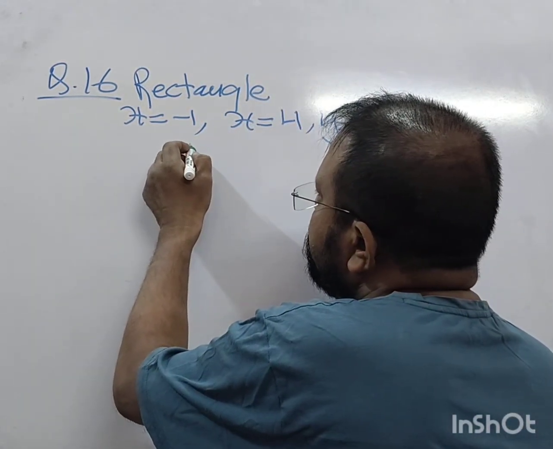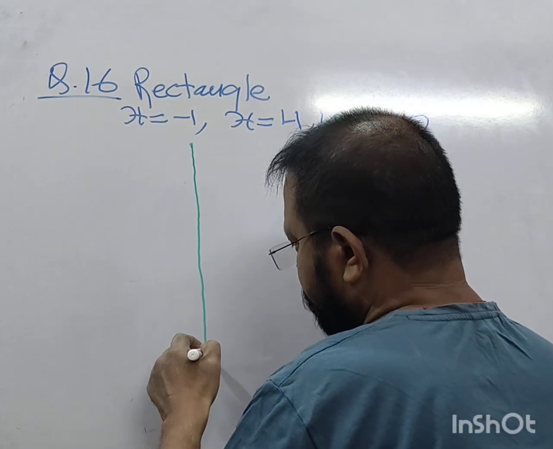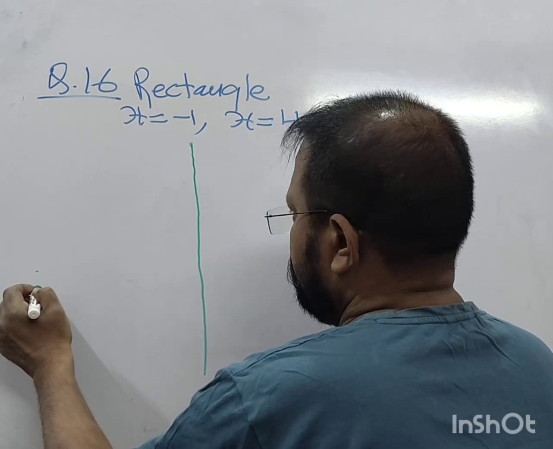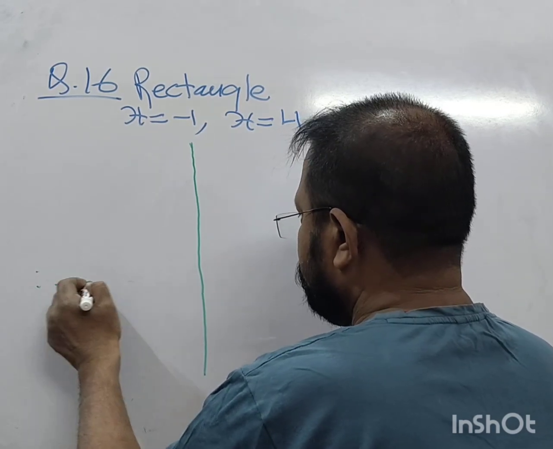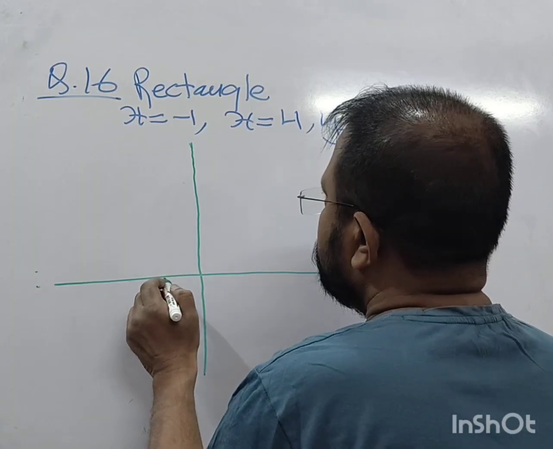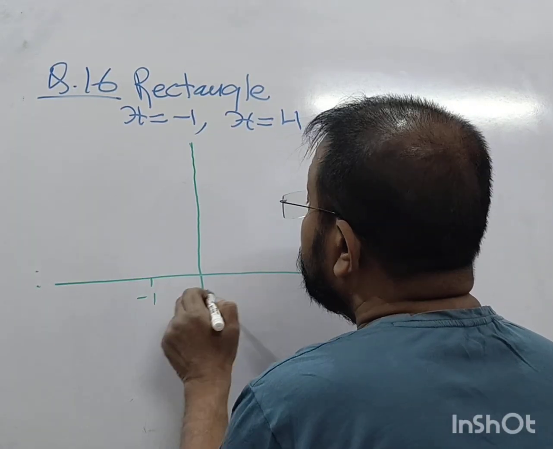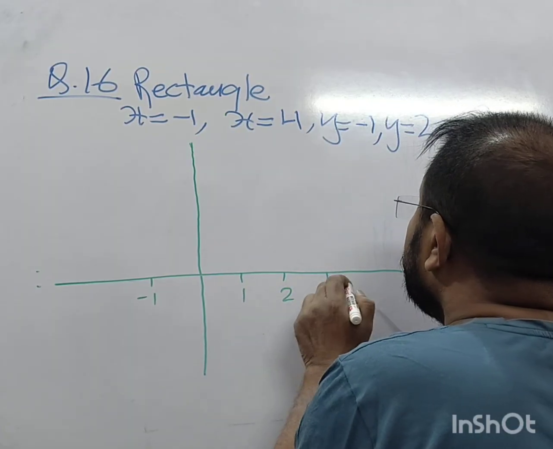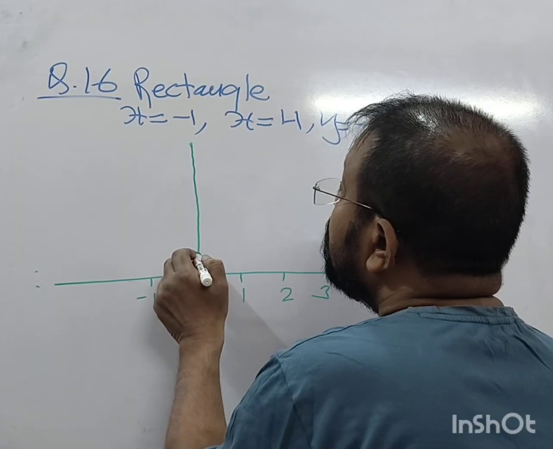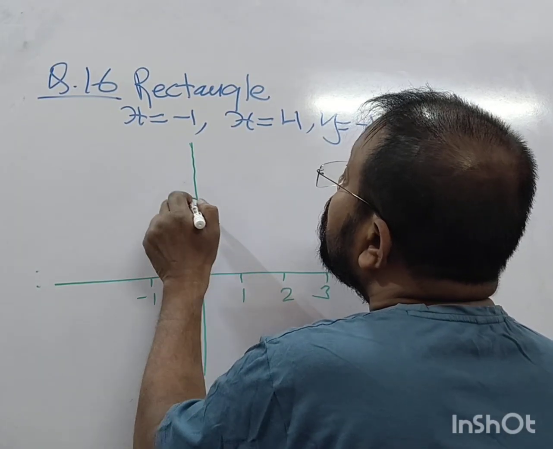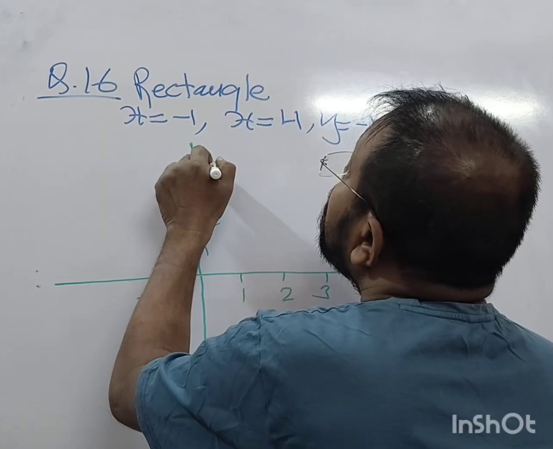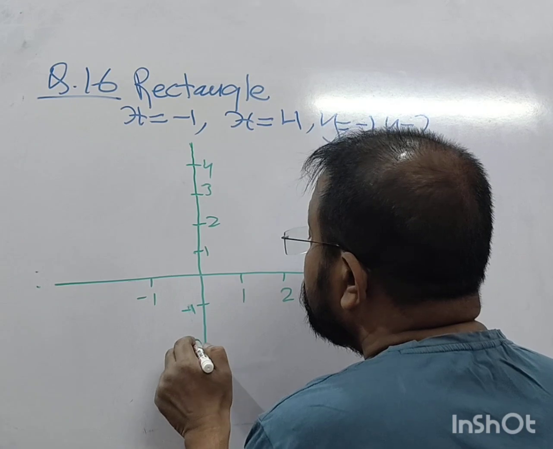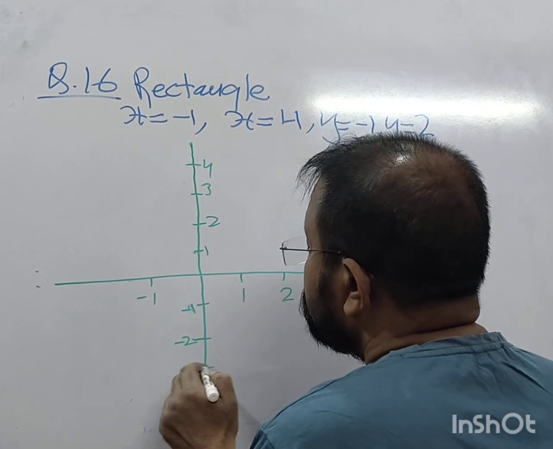You take the Cartesian plane like this. Here is -1, here is 1, 2, 3, 4, and here on the other axis 1, 2, 3, 4, and -1, -2, -3.